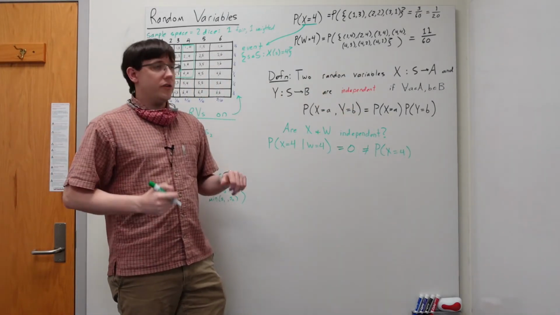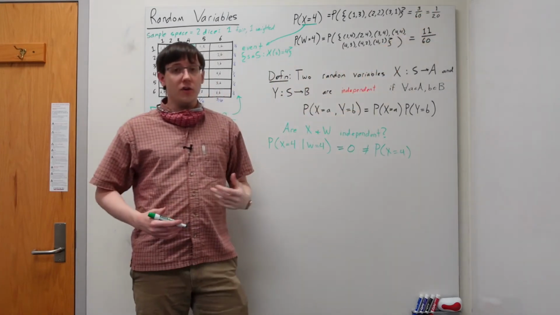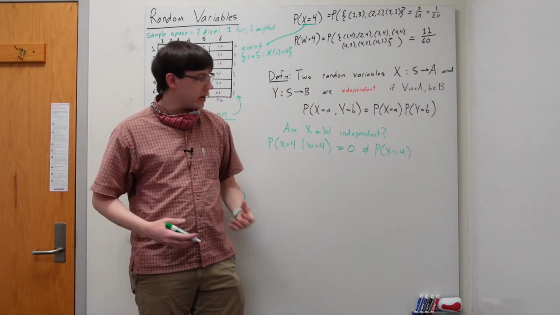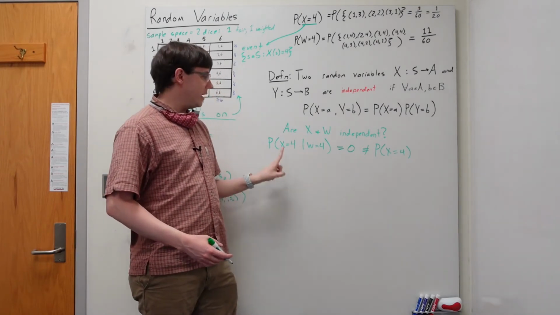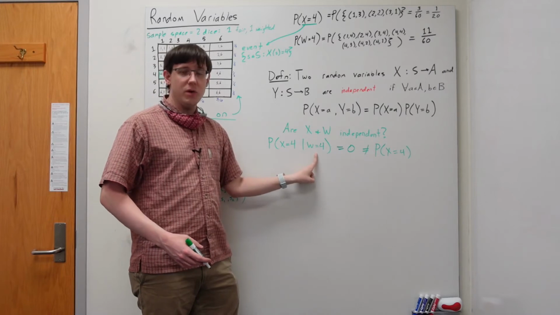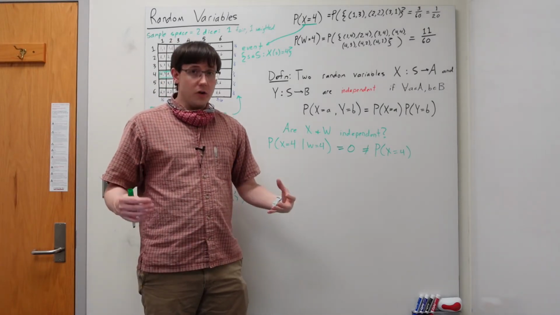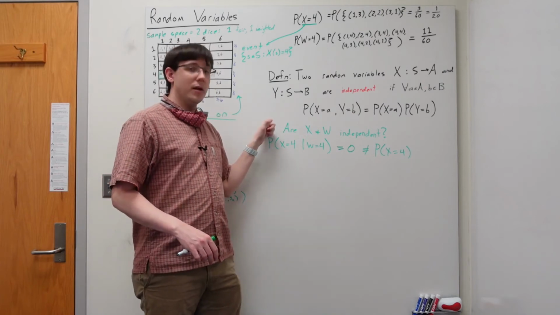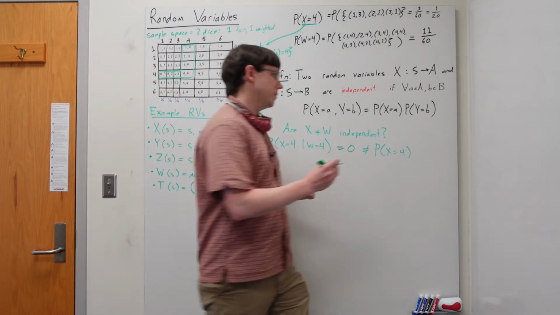And the unconditional probability of X being 4 was a 20th, and so because the probability changed when we conditioned on this event, that means that the events X equals 4 and W equals 4 are not independent, and that in turn means that the random variables X and W are not independent.